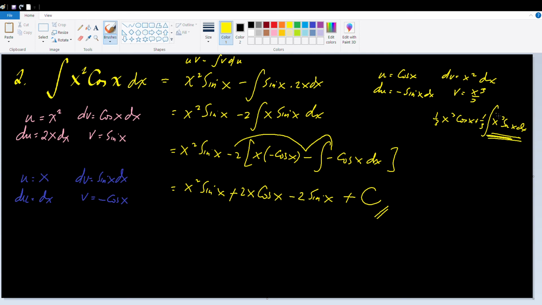So, that only shows that we have chosen the incorrect set for u and dv. So once realized, the only thing we have to do is to use the other function x squared as our u. So this is the wrong selection for u and dv.